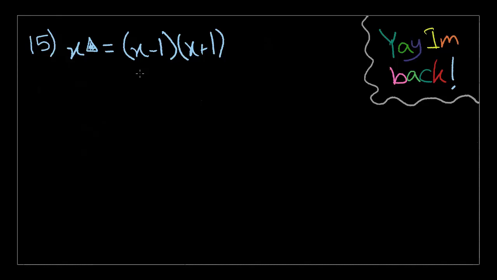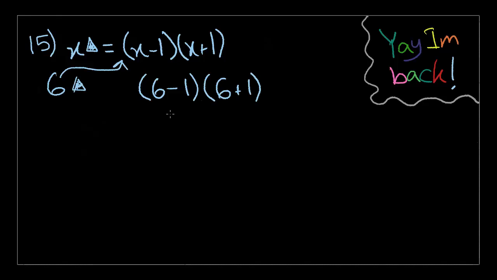We've got quite a lot of calculations to do here, so let's just get started. 6 triangle. Let's plug 6 into this equation: 6 minus 1 times 6 plus 1. 6 minus 1 is 5, 6 plus 1 is 7, so this equals 35.